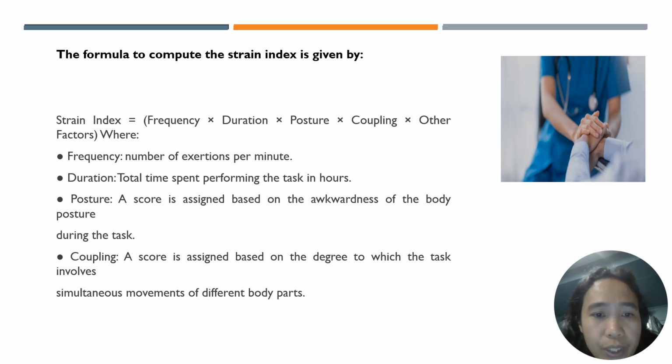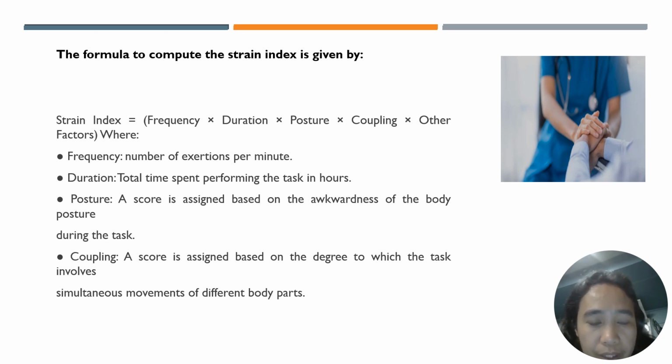Posture: a score is assigned based on the awkwardness of the body posture during the task. Coupling: a score is assigned based on the degree to which the task involves simultaneous movement of different body parts. Other factors are additional factors that contribute to the overall strain, such as force exerted and duration of recovery period.